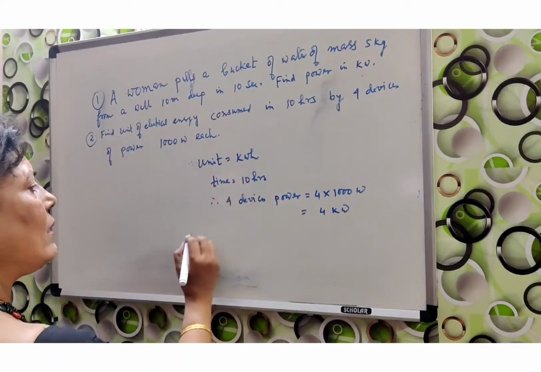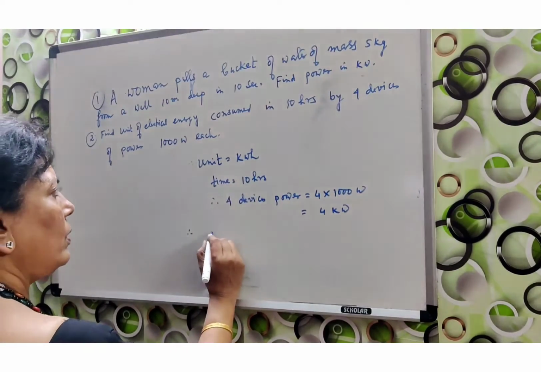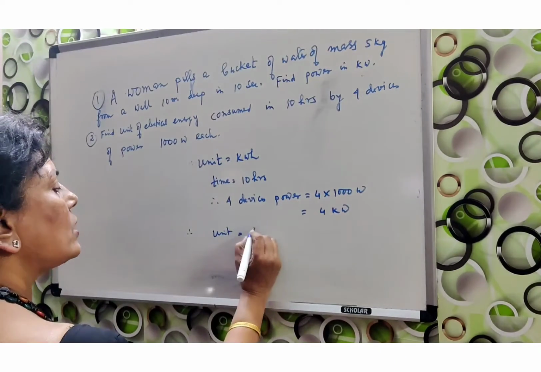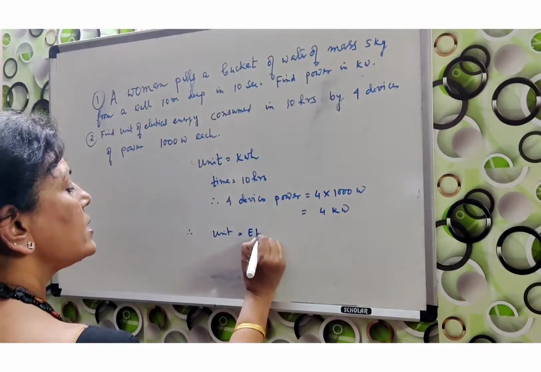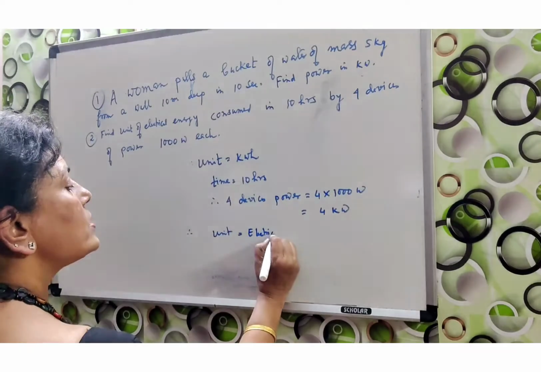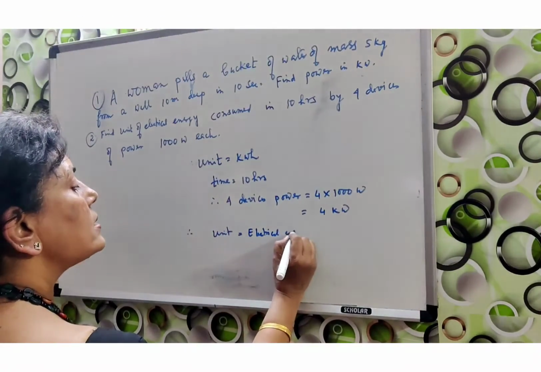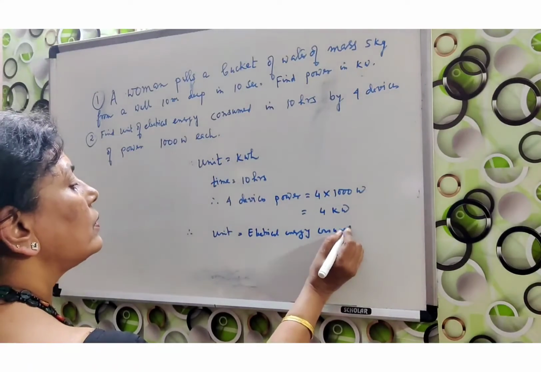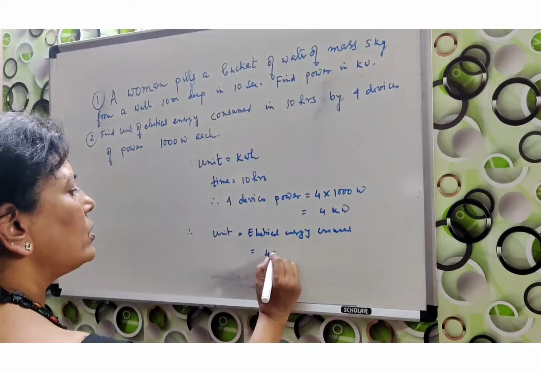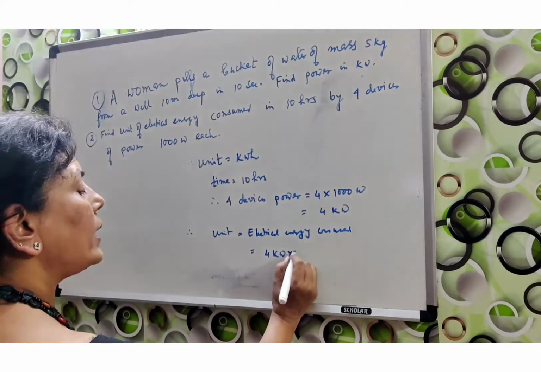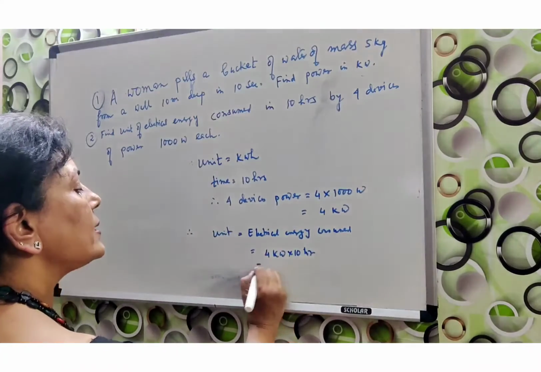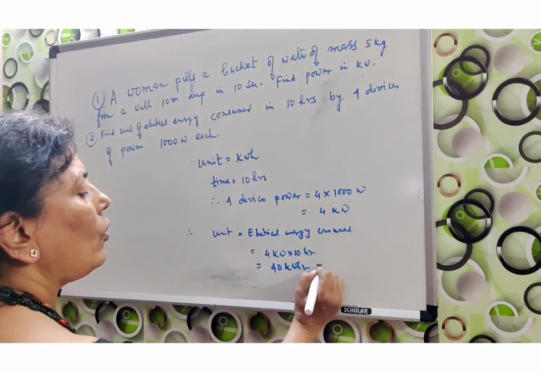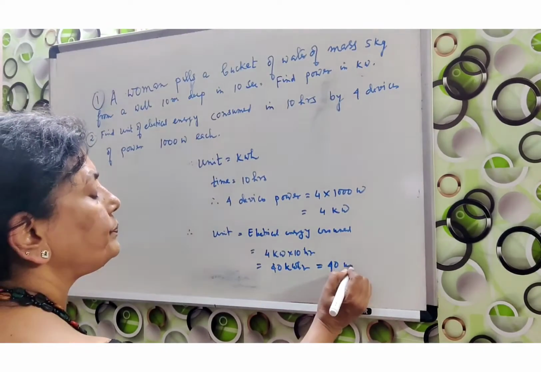Since 4 kilowatt and 10 hours, electrical energy consumed in units is equal to 4 kilowatt into 10 hour, that is 40 kilowatt hour, or 40 units.